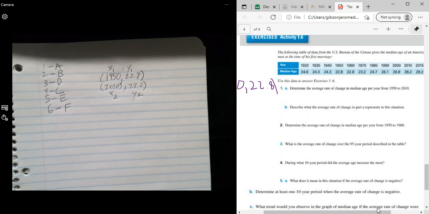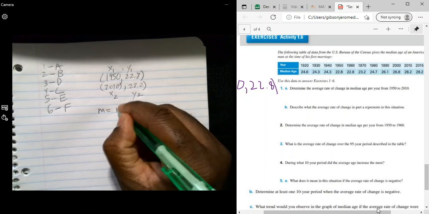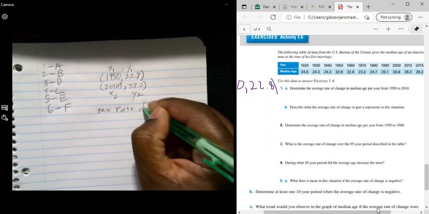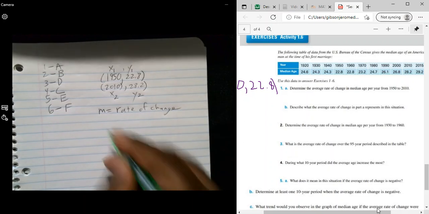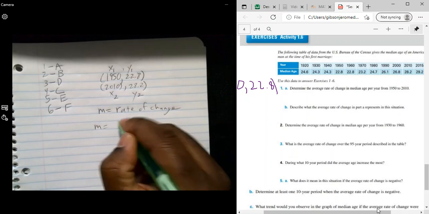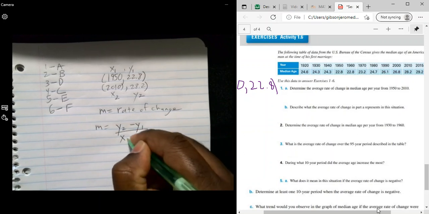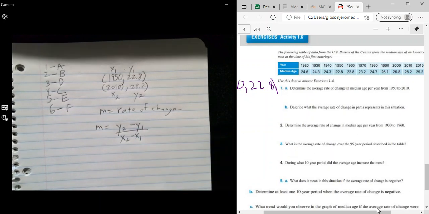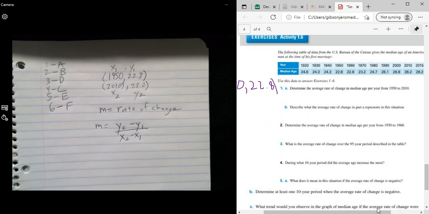So our average rate of change is really the slope. The slope is the rate of change. And as we know, the slope is y sub 2 minus y sub 1 over x sub 2 minus x sub 1. Now we go through and substitute.